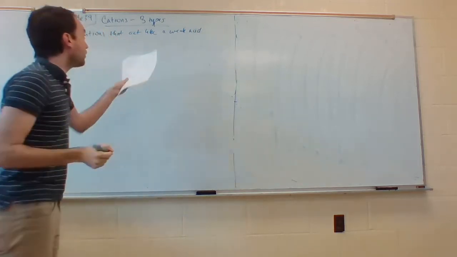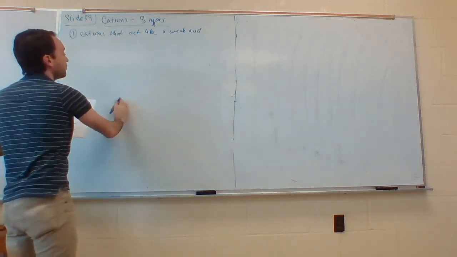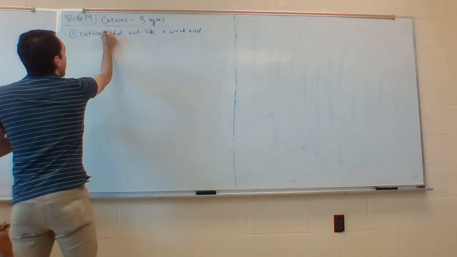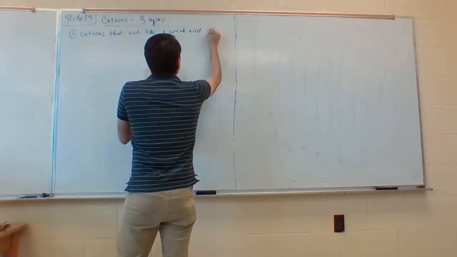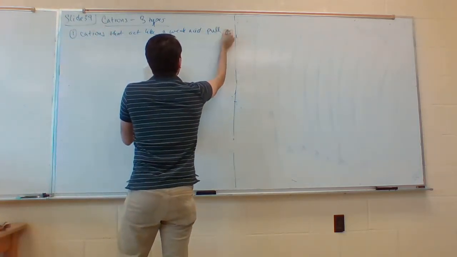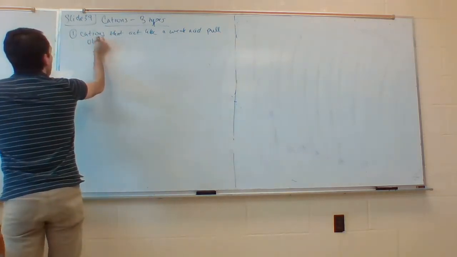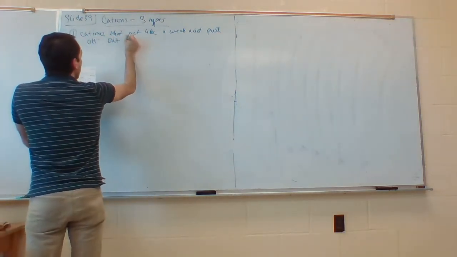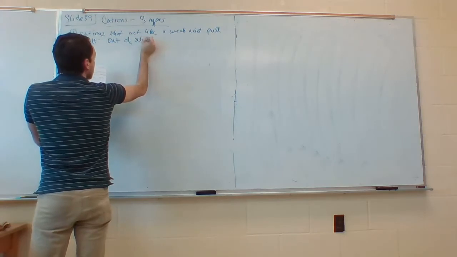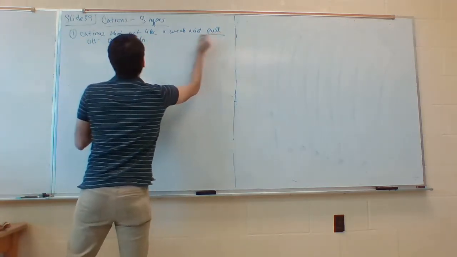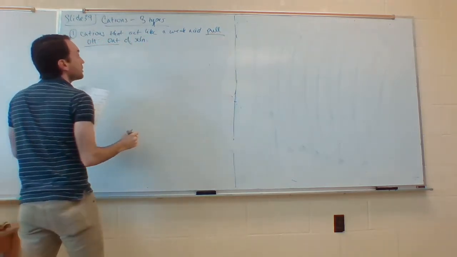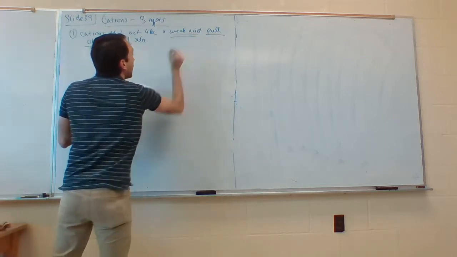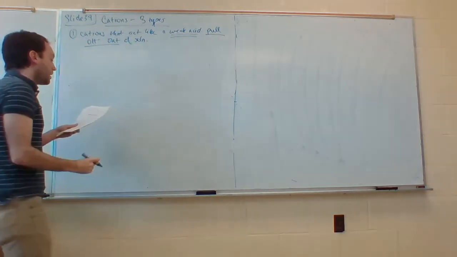One type of cation that acts like a weak acid occurs when they pull OH minus out of solution. So if they pull OH out, then they're going to act like a weak acid cation.